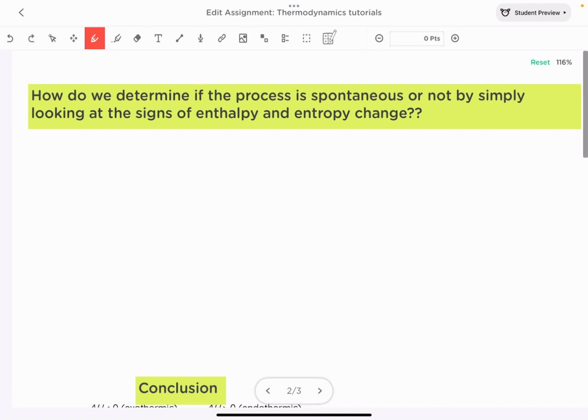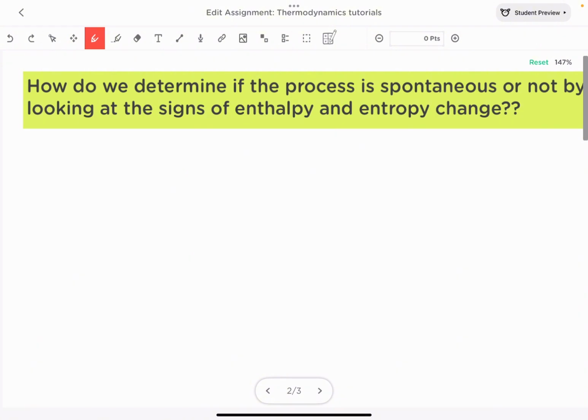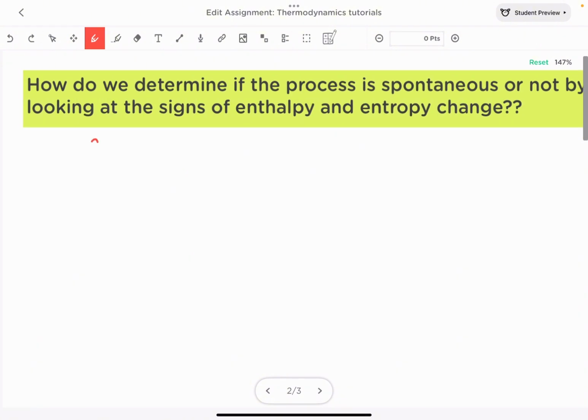In part 2 of our video tutorial, I'm going to explain to you how you determine if the process is spontaneous or not by simply looking at the signs of enthalpy and entropy changes. This is something you just have to work out with the signs. Let me clarify it this way. We always look at the signs of enthalpy and entropy change.